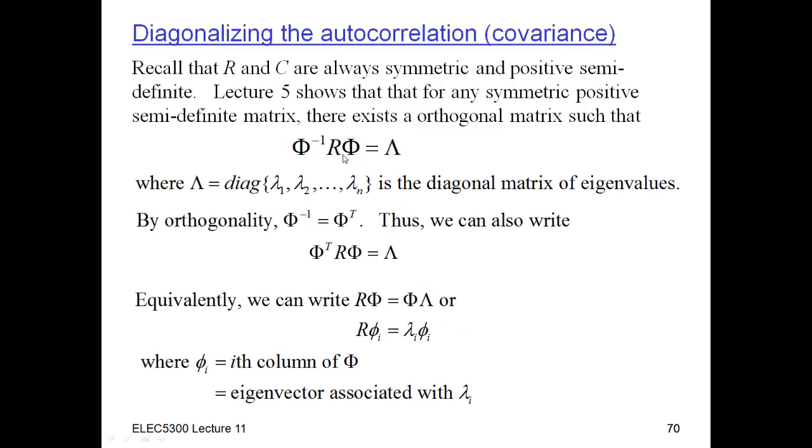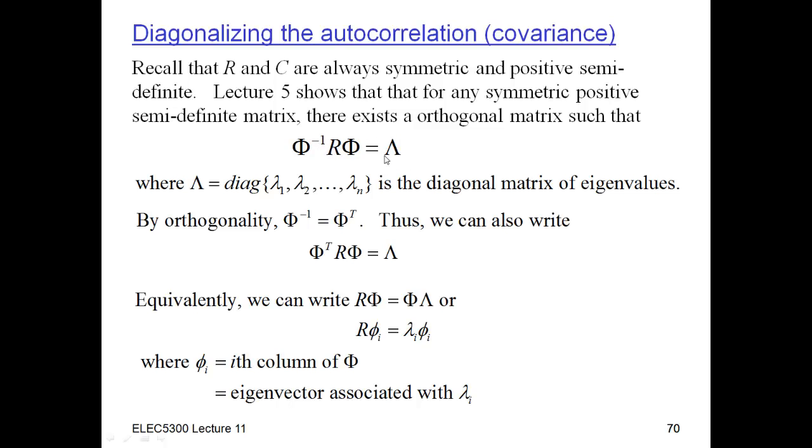Now, remember that the autocorrelation or covariance matrix is always symmetric and positive semi-definite. We're going to assume here that it's actually positive definite, so that there's no zero eigenvalue. So there must exist an orthogonal matrix such that I can diagonalize the correlation matrix, or equivalently the covariance matrix.